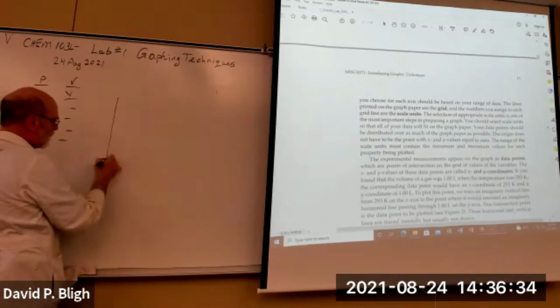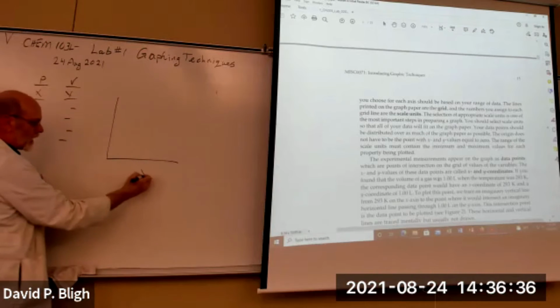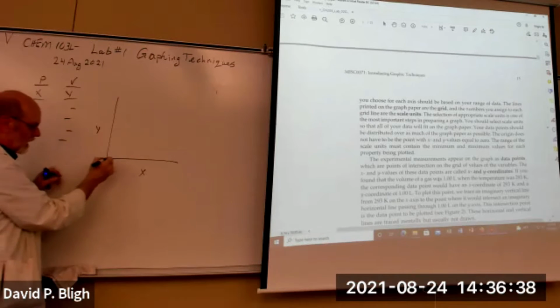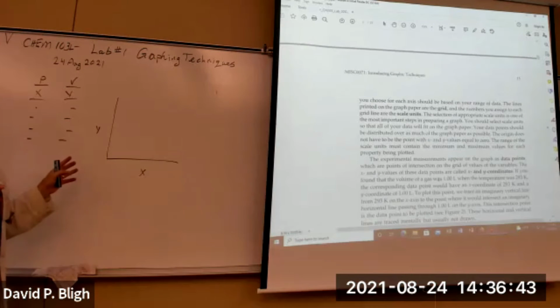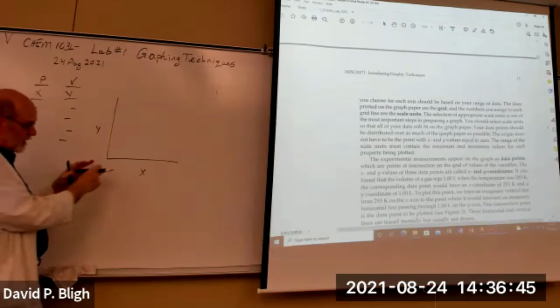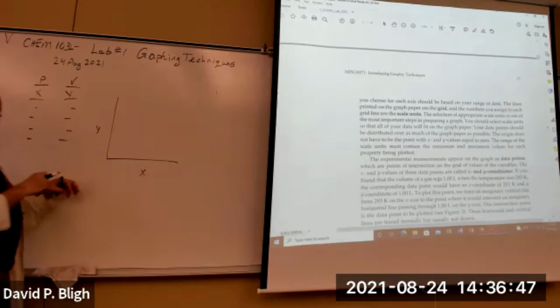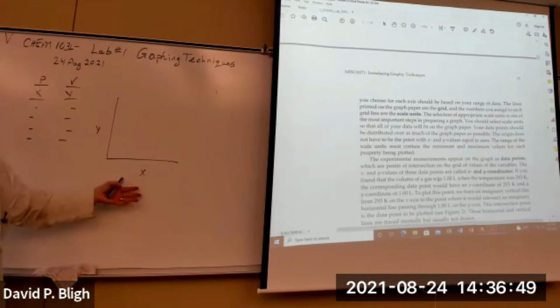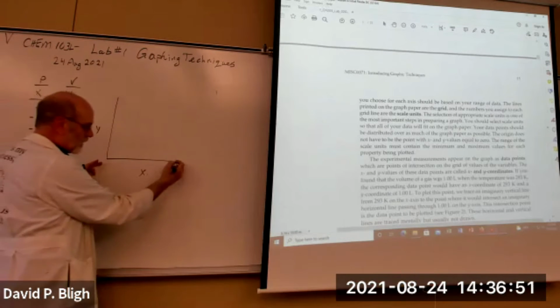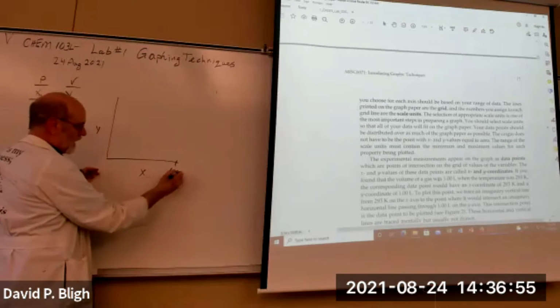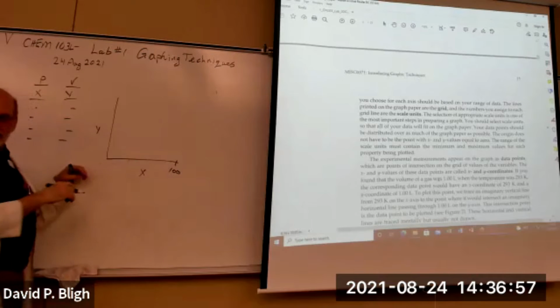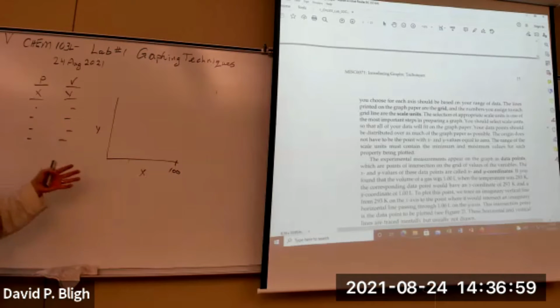So if you have a graph here, you want to use as much of the space as possible. So if you've got, say, between 1 and 100 values for X, then you would stretch 100 out to here, and then subdivide it, say, in tenths or 20s or whatever is convenient.